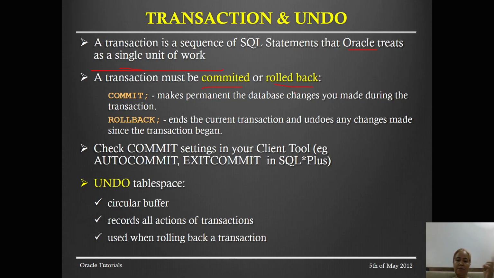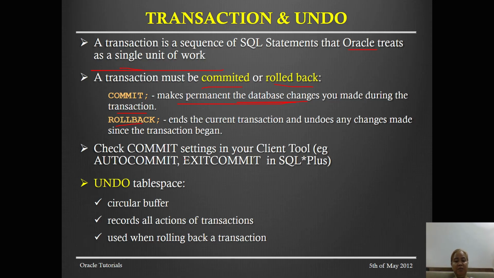So what's the difference between the two? It makes permanent the database changes you made during the transaction. So yun yung commit. Permanent yung ginawa mong changes kapag ginamit mo ay commit. Kapag rollback naman, of course, it ends the transaction, tapos babalik ulit dun sa dating state of the program.